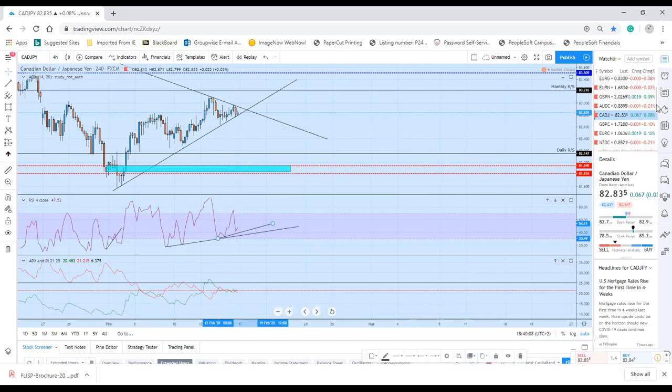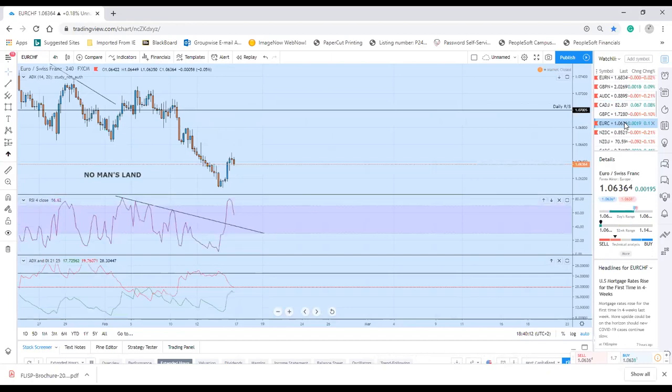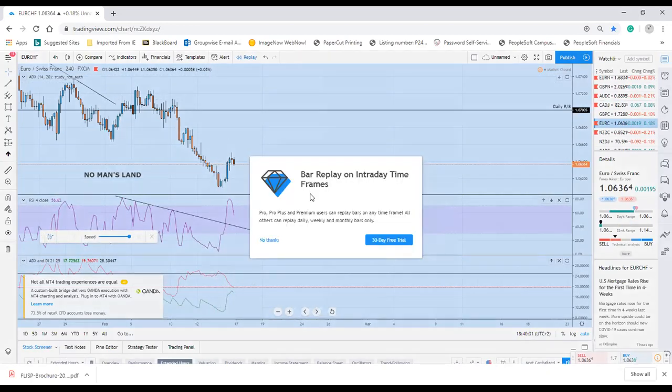And then for Euro CAD, this is also no man's land. So I'm not on the resistance zone or support zone. I'm basically on no man's land. So what do I do now? Let's do it like this.